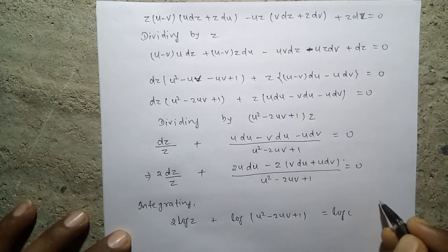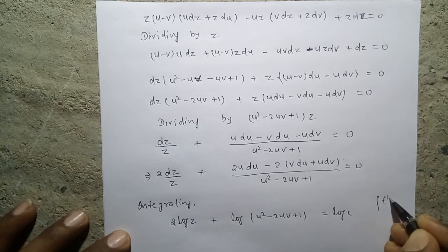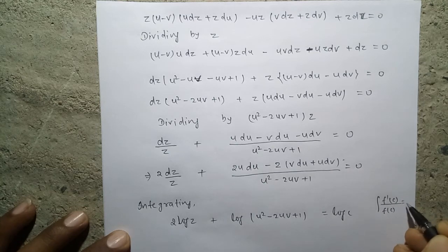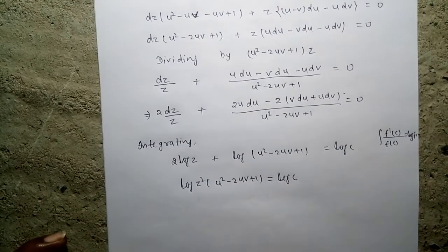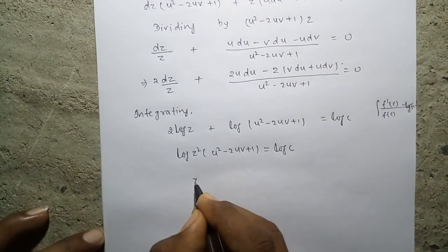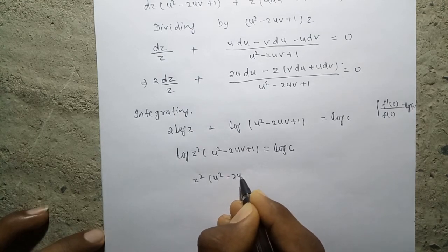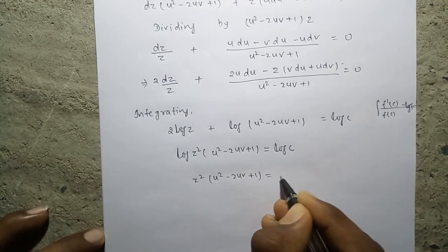Using this formula, f dash x by f x is equal to log of f x, log z square of (u square minus twice uv plus 1) is equal to log c, and z square of (u square minus twice uv plus 1) is equal to c.